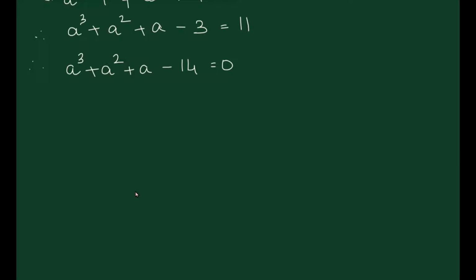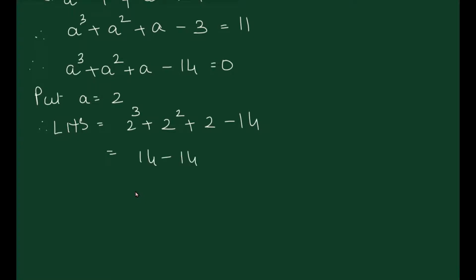Now suppose a is 2. In this equation put a equal to 2. This is obtained by the trial and error method actually. If a is 2, we get the LHS as 2 cube plus 2 square plus 2 minus 14, which is actually 8 plus 4, 12 plus 2, 14 minus 14, which is 0, which is the RHS.